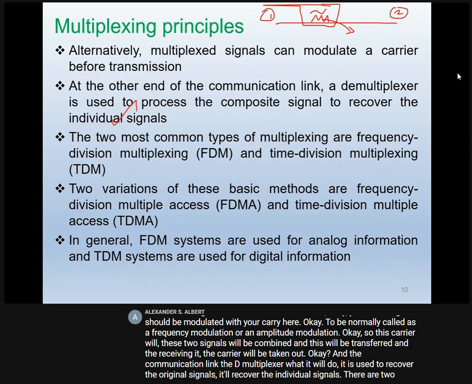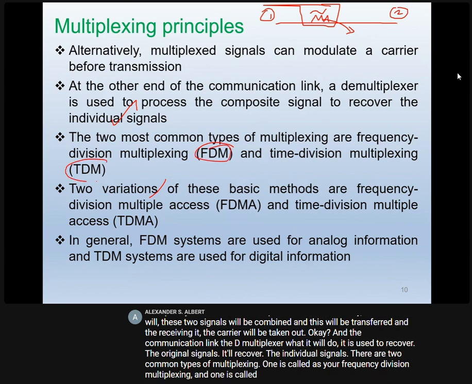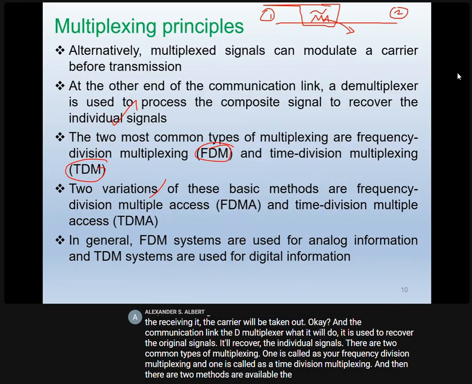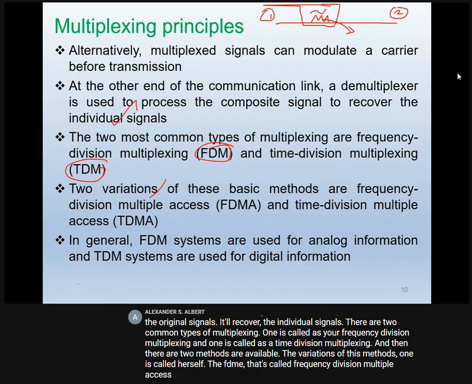There are two common types of multiplexing: one is frequency division multiplexing, and the other is time division multiplexing. There are also variations of these methods: FDMA, frequency division multiple access, and TDMA, time division multiple access.